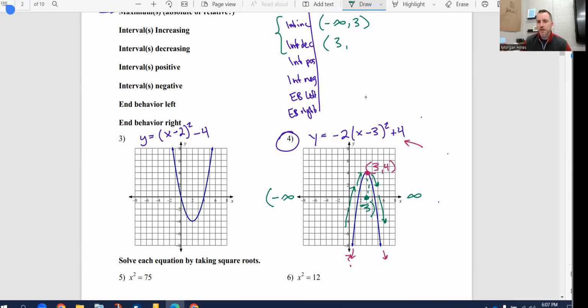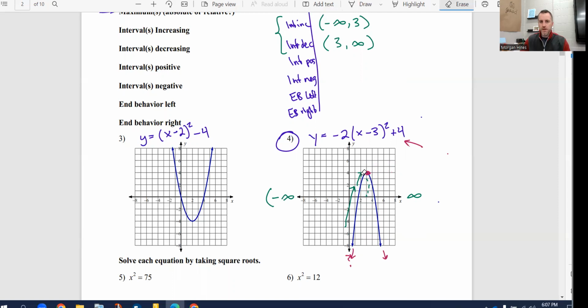And does it ever stop decreasing? No, it decreases forever, and that's until x gets to infinity. So if x was 1,000, there's always 1,001. If it's 1,000,000, there's 1,000,001. And every single time you increase the x value, this function will have a lower y value than it did before. So that is intervals increasing and decreasing.